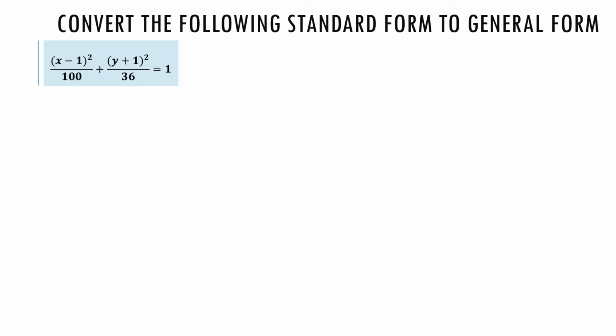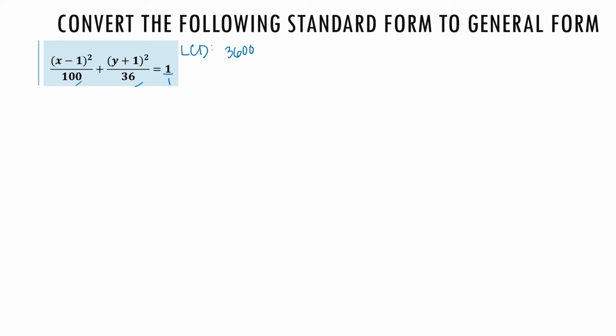Another example, convert the standard form x minus 1 squared over 100 plus y plus 1 squared over 36 equals 1 to its general form. First step, we have to multiply everything by the LCD. Our LCD is 3,600. LCM ni 100, ni 36, at ni 1.